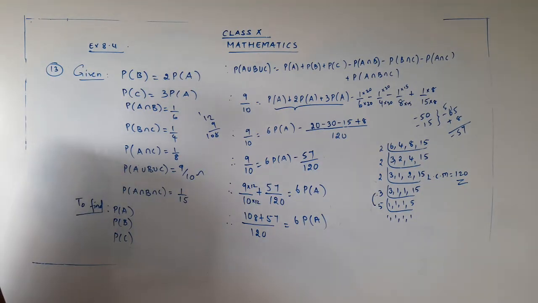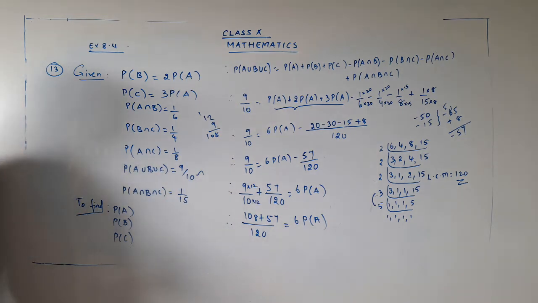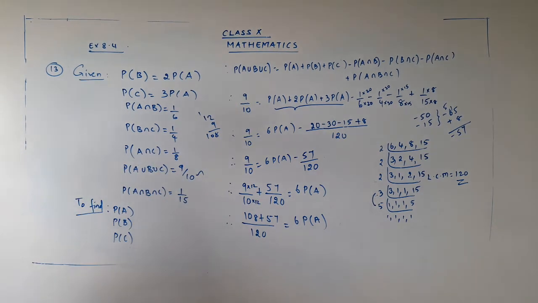So I get 108 plus 57 upon 120 is equal to 6 times probability of A. Okay, let's add 108 and 57. Come on, add 108 and 57 and tell me what you get.